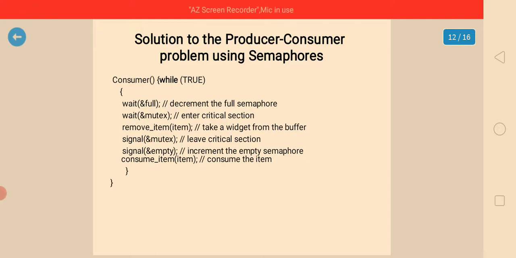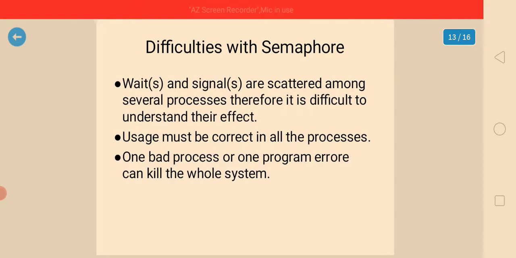Signal mutex, leaving the critical section; signal empty, incrementing the empty semaphore; consume item. So we are consuming the item here. Then close the while, and finally close the consumer operation.